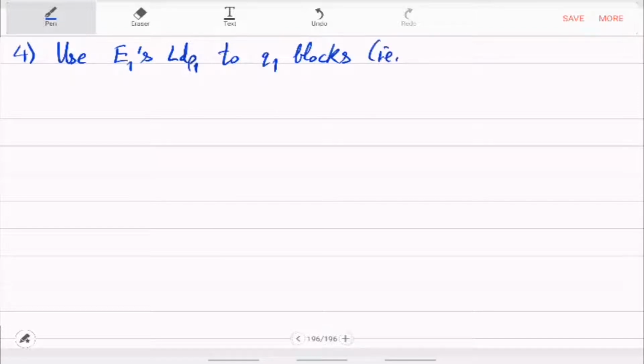That is Q1 many j's. Okay, and in every j we had used E2's LD rho 2 as before in step 2 and step 3. So after applying E2's local decoder on those blocks, we are now moving to E1.